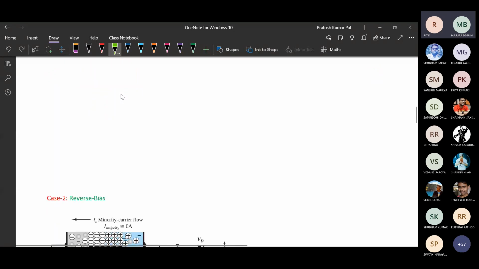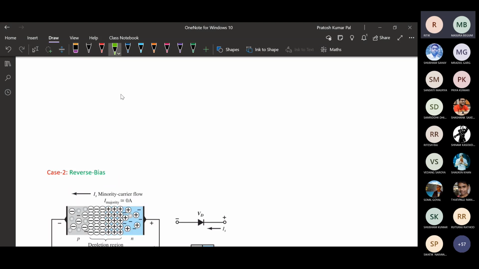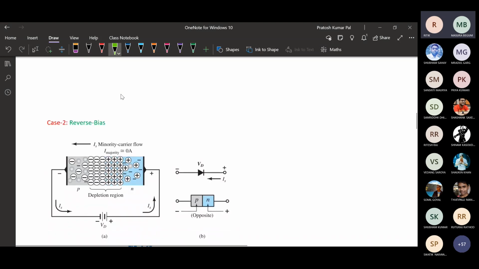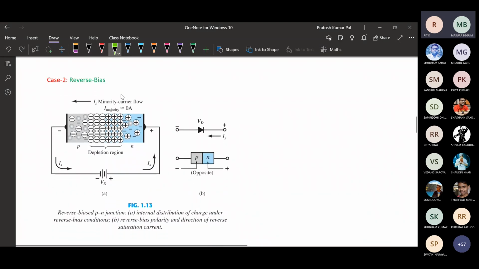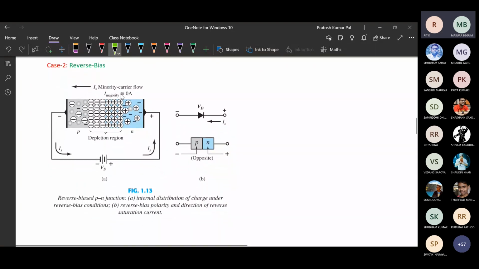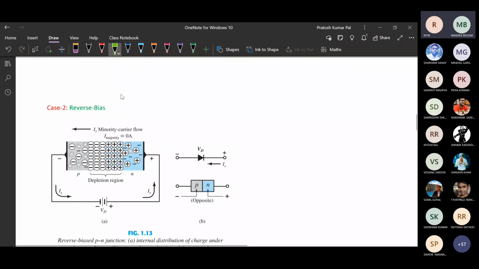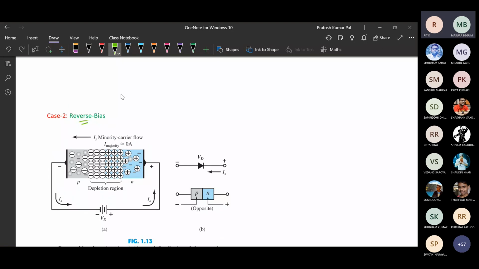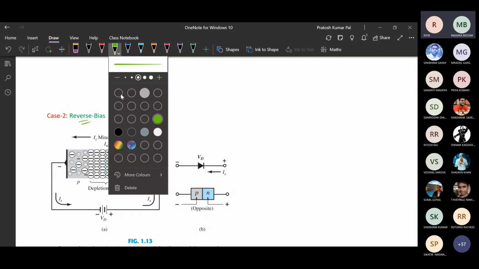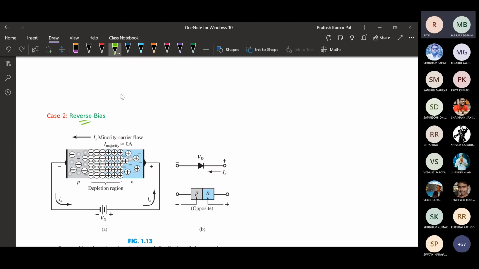Okay, so the next point that we will discuss is the diode that is biased in reverse condition. In reverse bias, we are applying an external potential, or we can call it an external voltage.